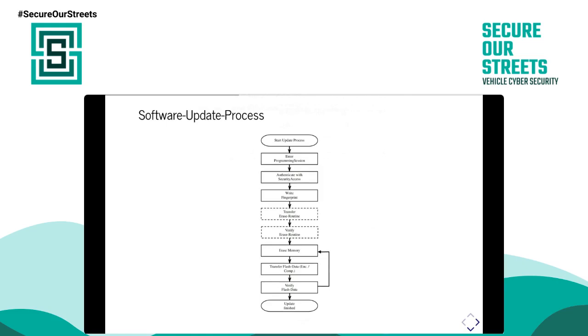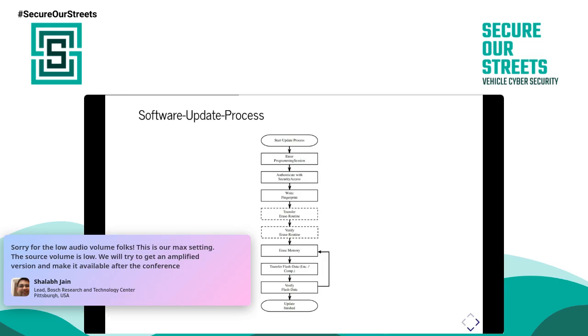Another thing where we have a lot of states in the ECU is the software update process. The software update process is also defined in ISO 14229, basically in the UDS standard. And it always follows the same procedure in automotive ECUs, at least in embedded automotive ECUs.